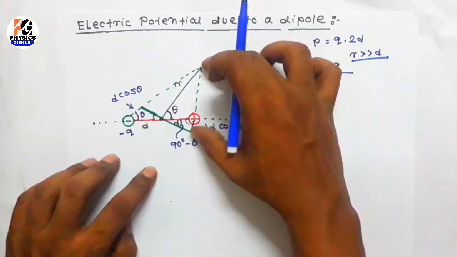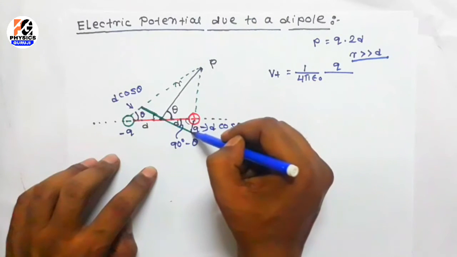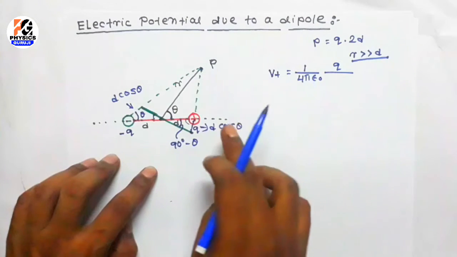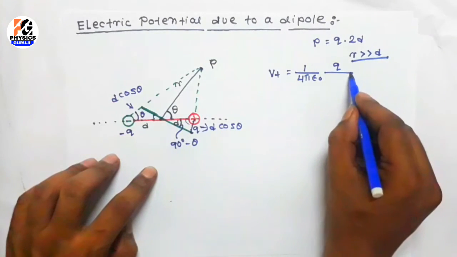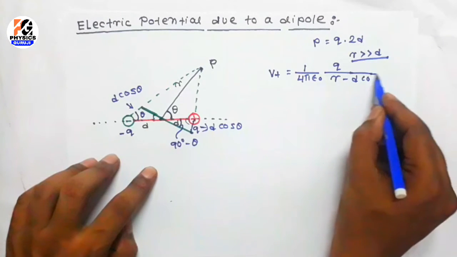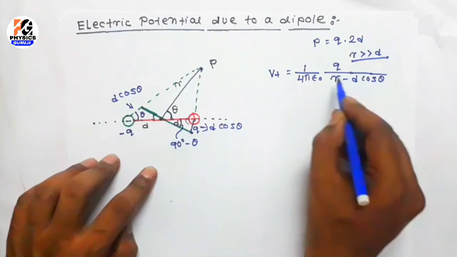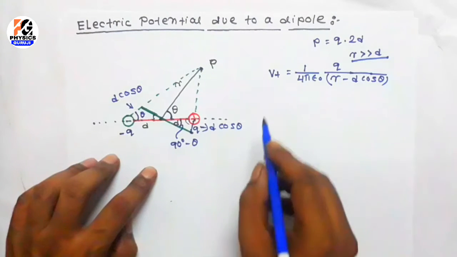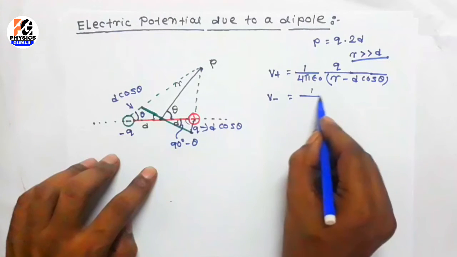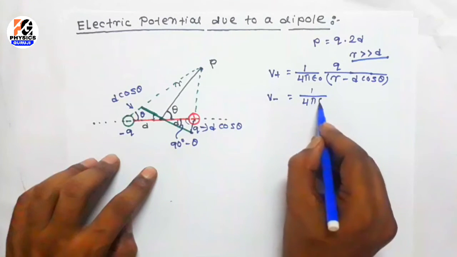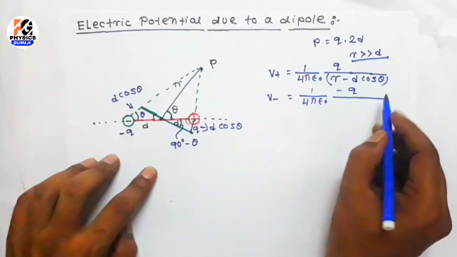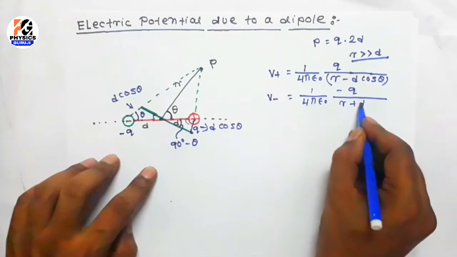That means this total distance from this point to that point is r. So the distance from the positive charge is r minus d cos theta, and I will write here q by r minus d cos theta. And due to the negative charge, the electric potential is 1 by 4 pi epsilon 0 into minus q by r plus d cos theta.